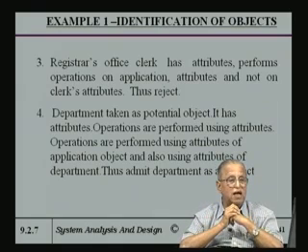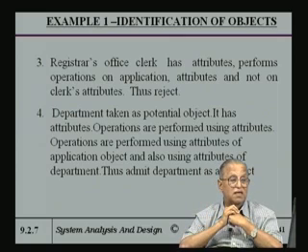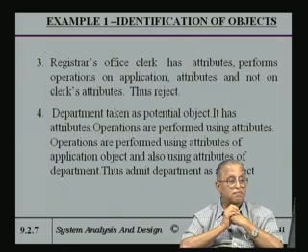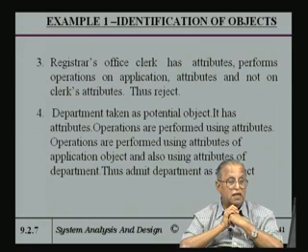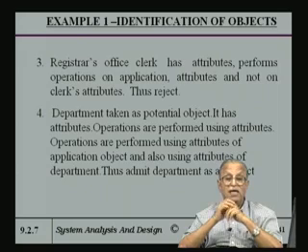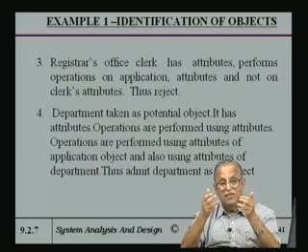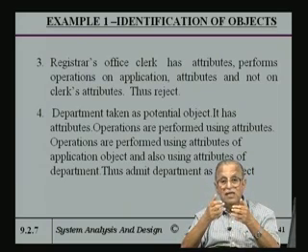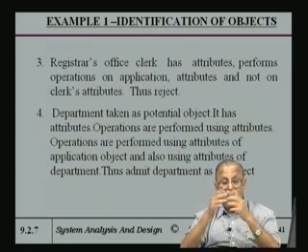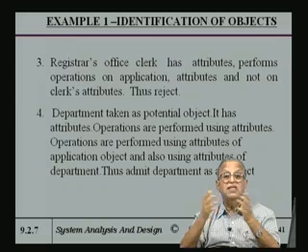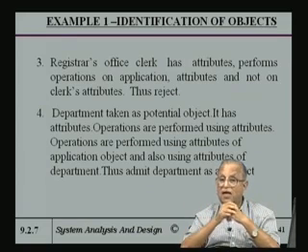Department is taken as a potential object, with its attributes, and operations are performed using attributes. The attributes are used by the department, and in other words the operations which are performed use attributes, namely the marks list, what marks he obtained, which university he passed from, and so on.